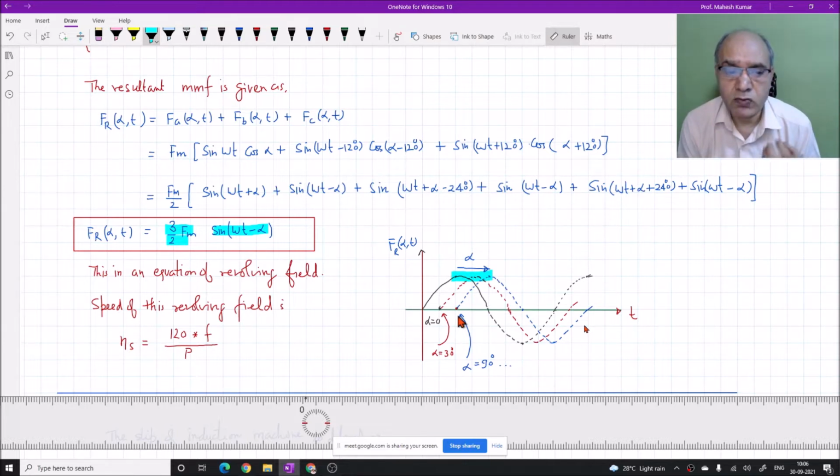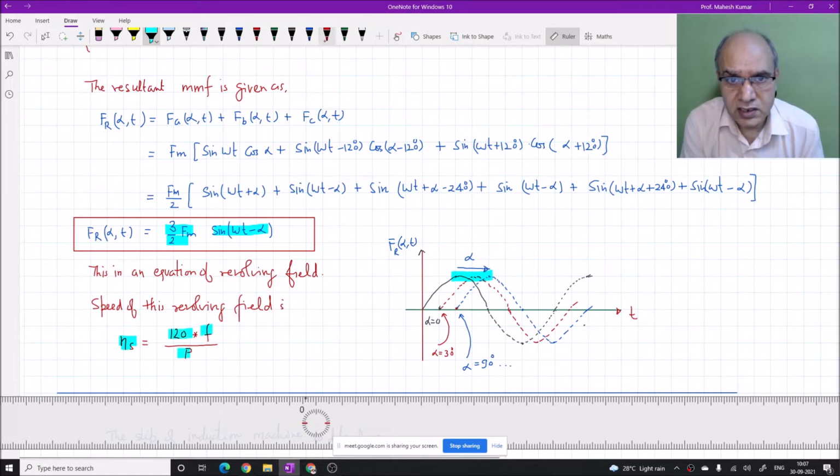It's basically equivalent to a physical magnet placed inside the rotor and rotated at a certain speed. This speed is called the synchronous speed. The synchronous speed is defined as Ns, and it is 120 F by P, actually in RPM.